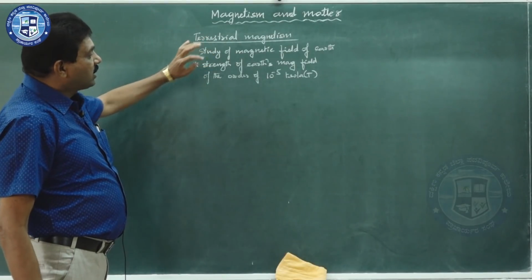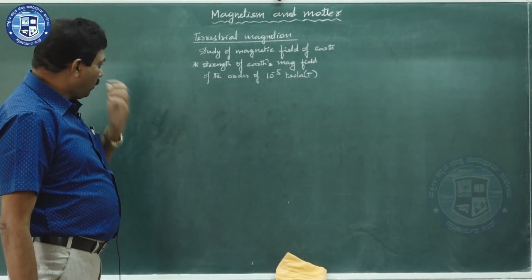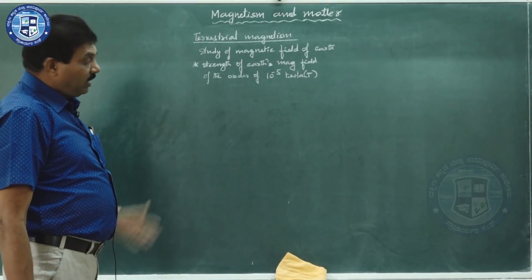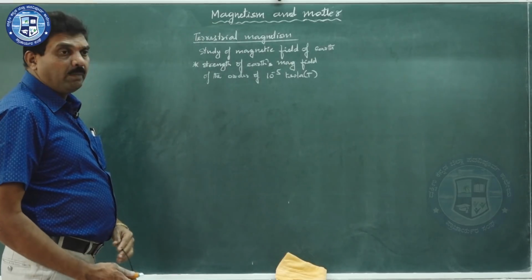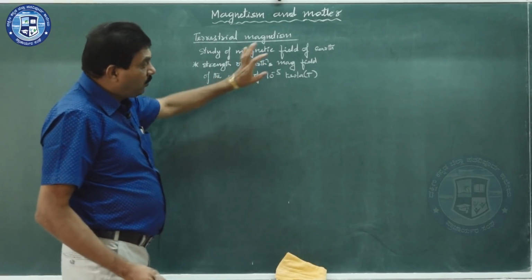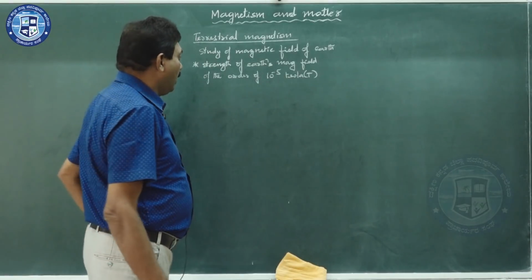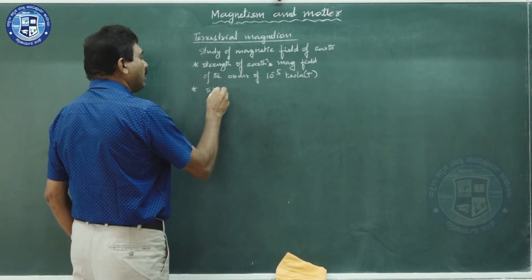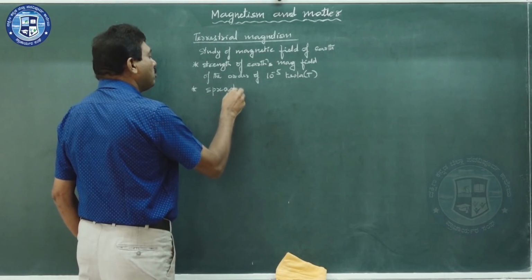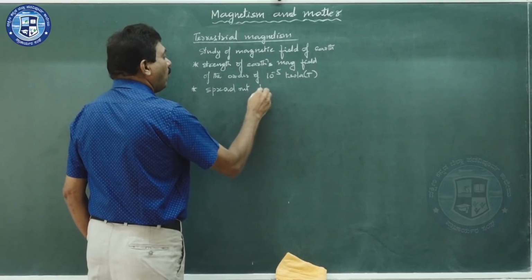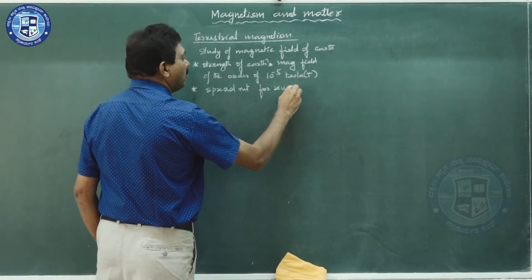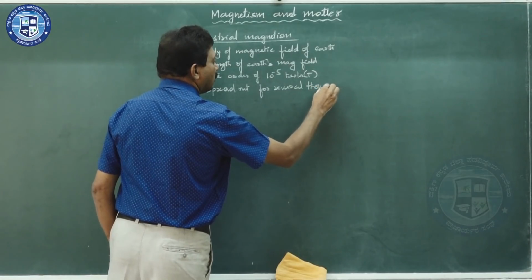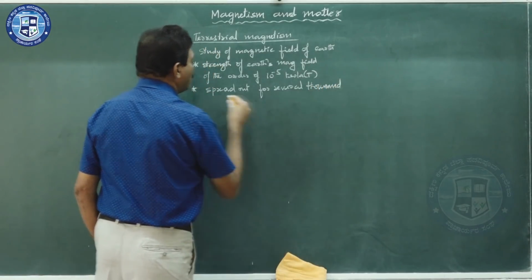So, the strength of the earth's magnetic field is of the order of 10 to the power of minus 5 Tesla. It is given in different numbers, but the order is 10 to the power of minus 5 Tesla, and that magnetic field is spread out for several thousand kilometers.